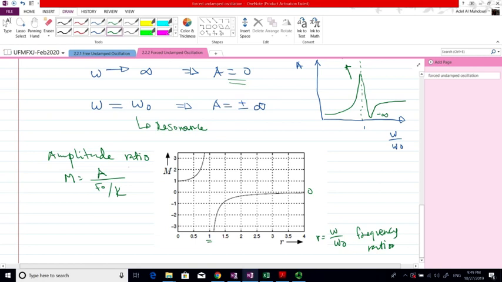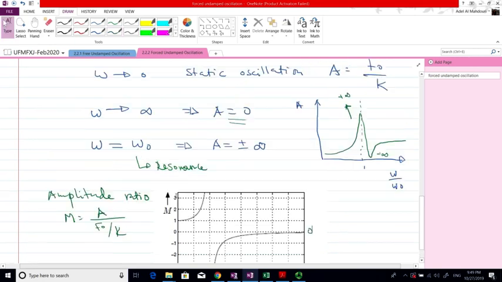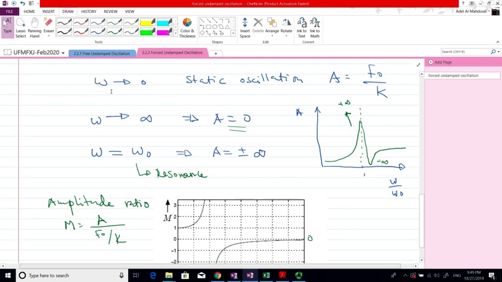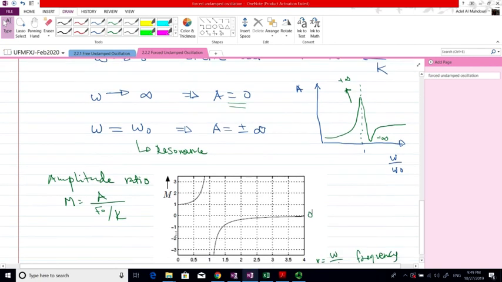What does it mean? The calculated amplitude over F naught over K is approaching 1, which means we will have the static oscillation, where the amplitude of the system is equal to F naught over K. Then the amplitude ratio is very close to 1.